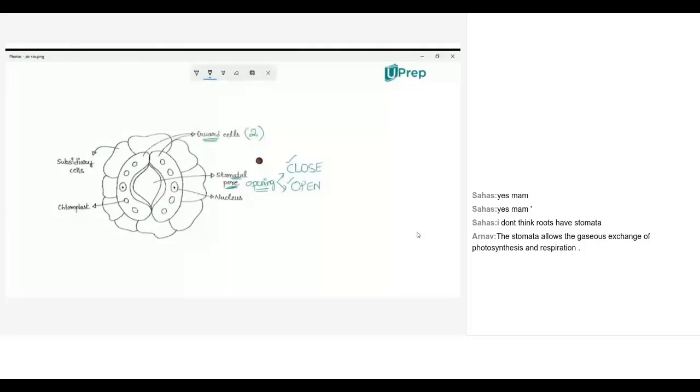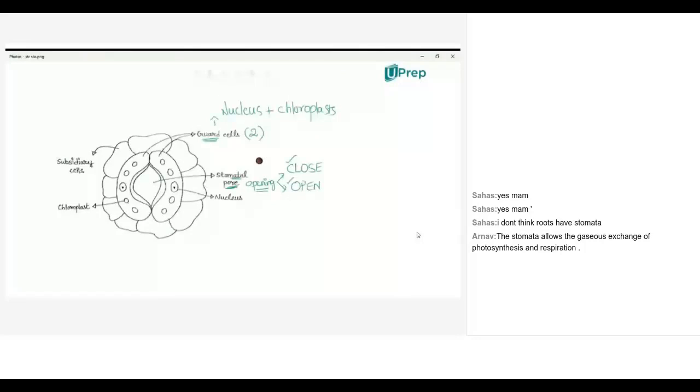Now each guard cell, if you take, each guard cell will have a nucleus. And along with the nucleus, you'll have numerous chloroplasts in the guard cell. So this is the nucleus and these are the chloroplasts.